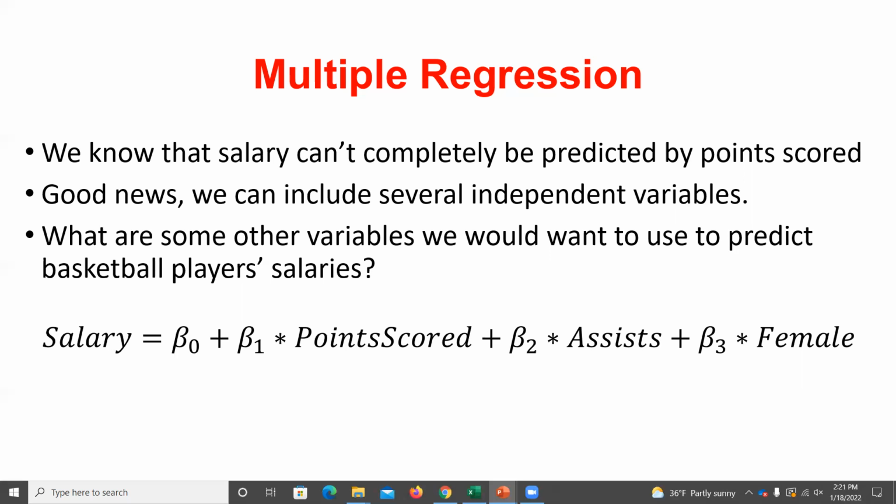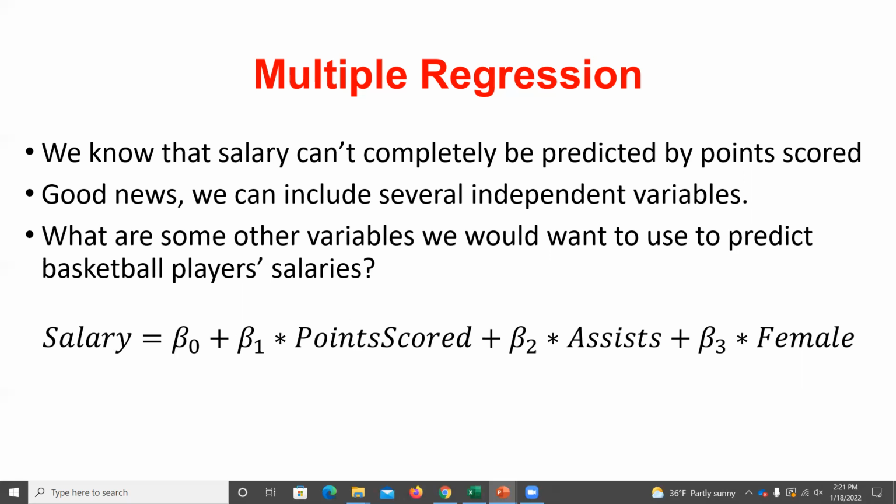So it's just a small change, but think about how powerful it is. Let's say I had a bunch of other variables that I couldn't fit up on the screen here. Maybe I control for their height, their weight, number of years in the league. Now, what I'm saying is, if a player scores 1 additional point, this is the predicted change in their salary, holding constant the number of assists, the number of rebounds, their height, their age, number of years in the league, all these other things.